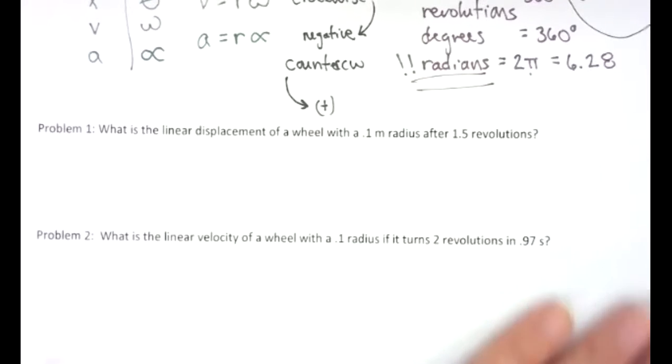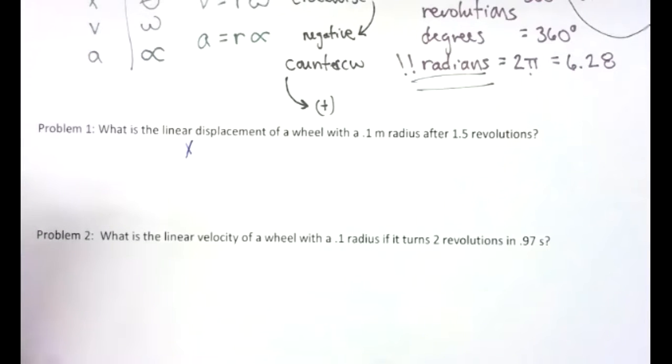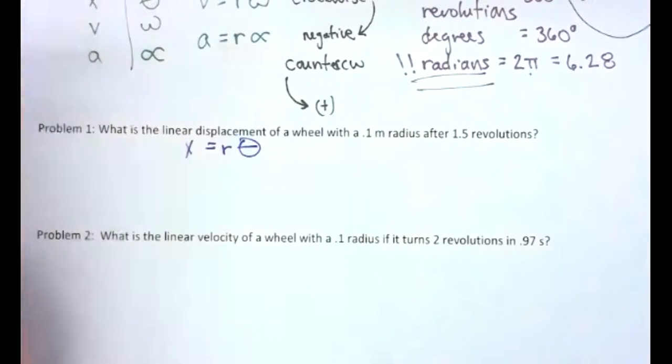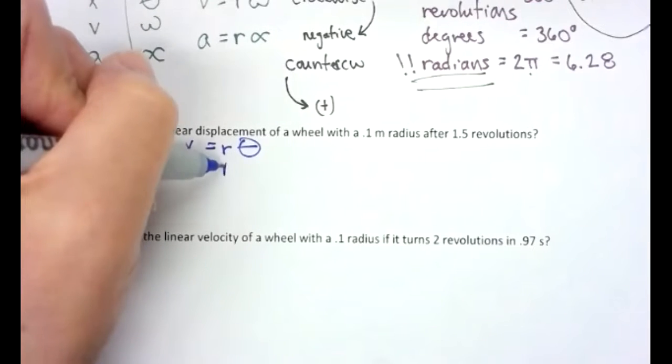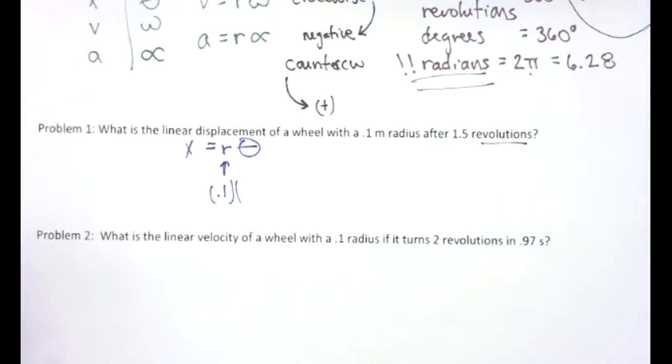All right, what is the linear displacement of a wheel with a 0.1 meter radius after 1.5 revolutions? So linear displacement is x. And we know that x is equal to the radius times theta. So we have this is 0.1, but I have 1.5 revolutions.